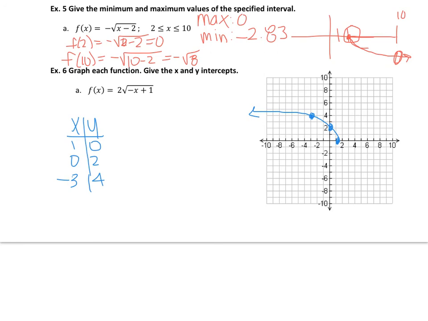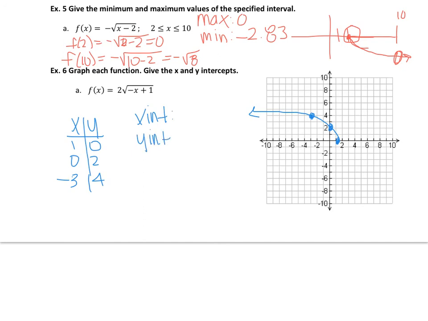We have moved it 1 unit to the right. We have vertically stretched it by a factor of 2, and we've also reflected it over the y-axis. Now, the last thing it's asking for are the x and the y-intercepts.